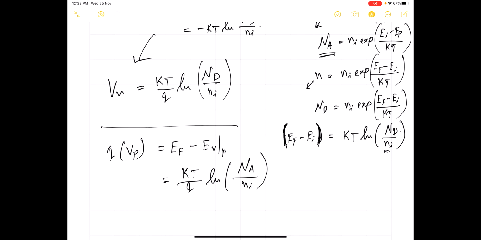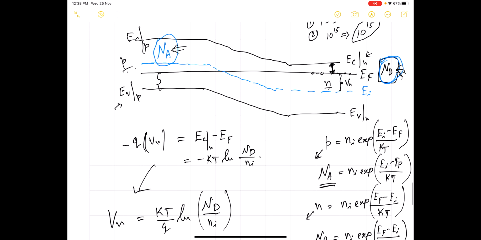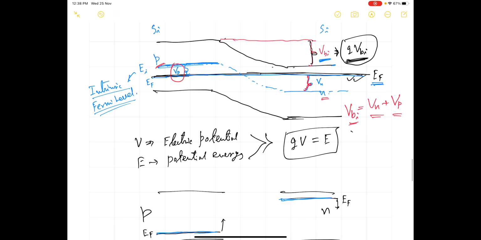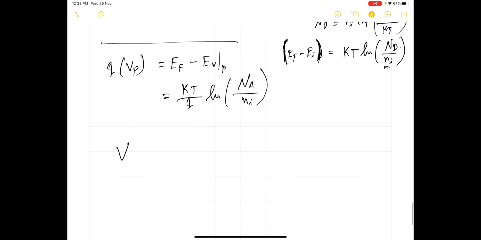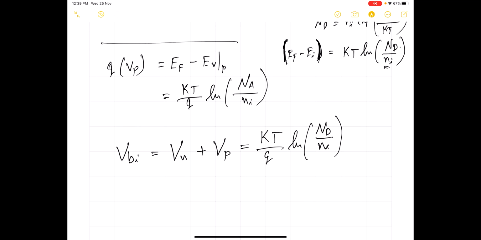So what is the built-in potential which we are talking about? This built-in potential Vbi equals Vn plus Vp. So this equals Kt divided by Q times log of Nd divided by Ni, plus Kt divided by Q times Ln of Na divided by Ni.